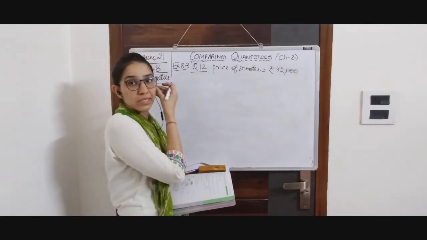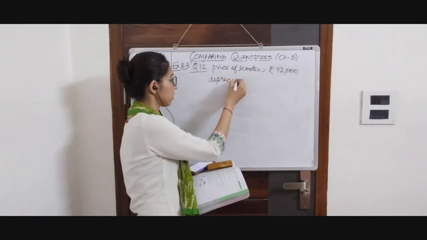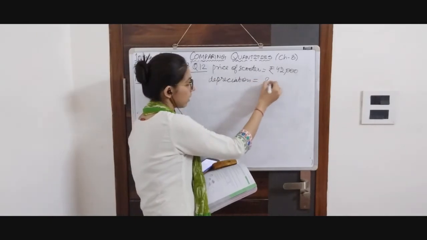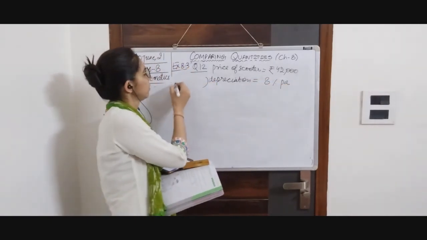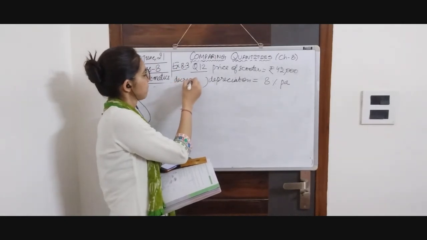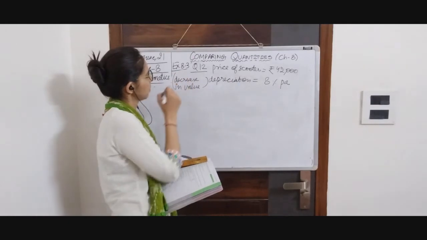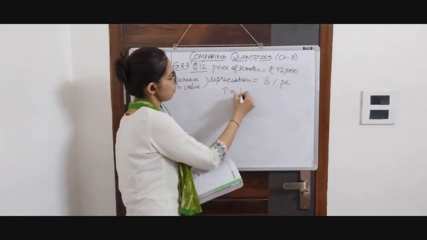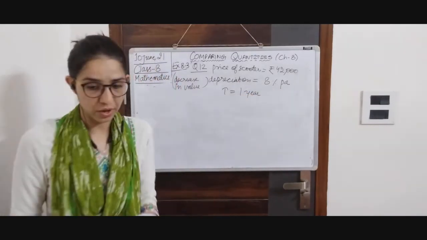Depreciate means decrease in value. Depreciation is 8% per annum. Depreciation means decrease in value. You have to find out the value after 1 year.